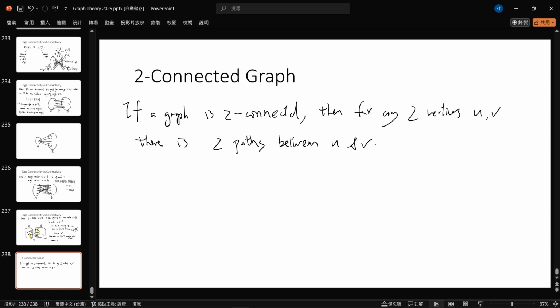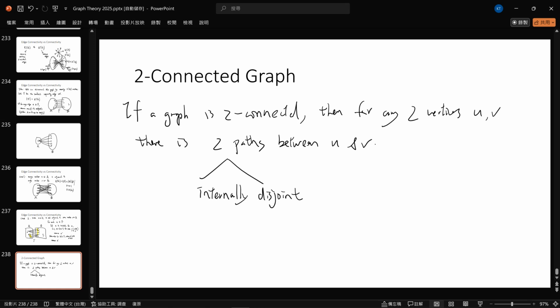And actually, we can prove that there's a stronger condition or stronger result. That is, this is not just two paths.